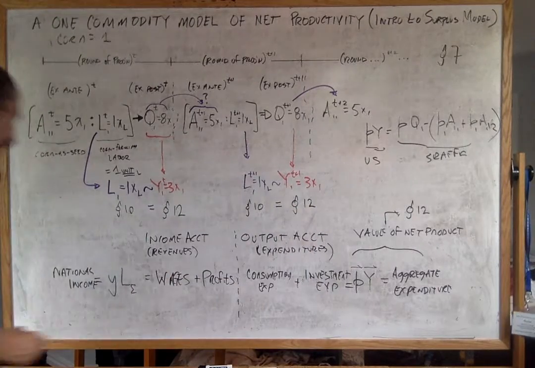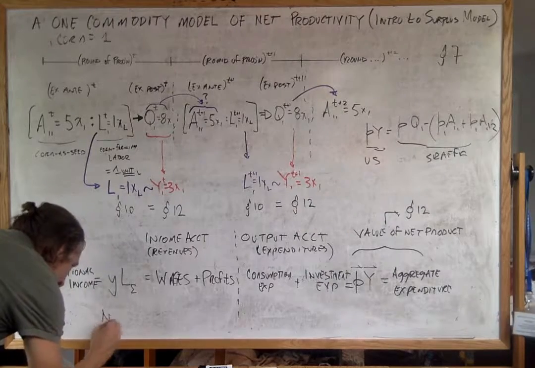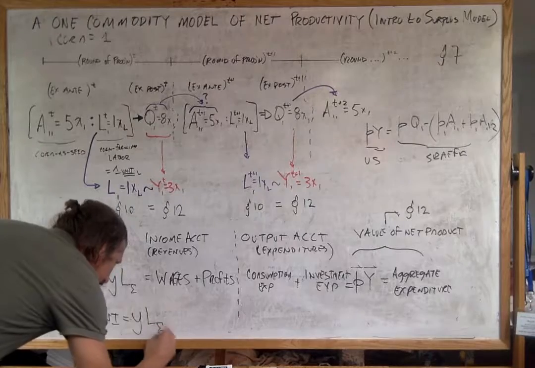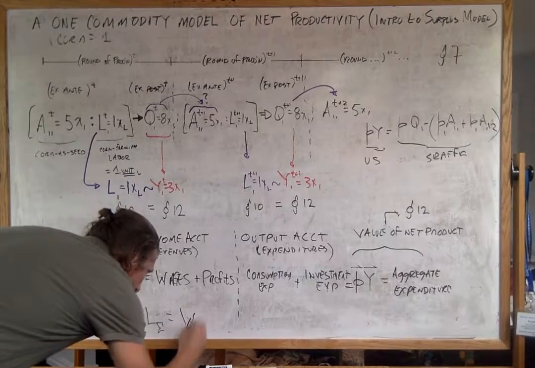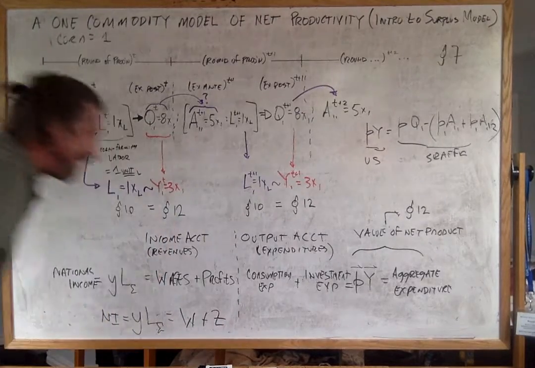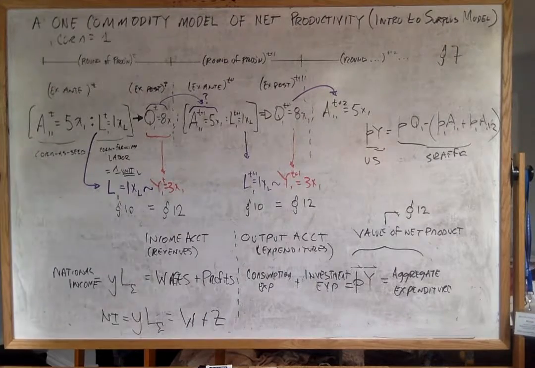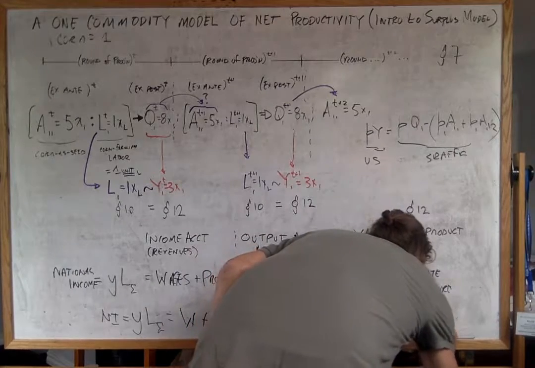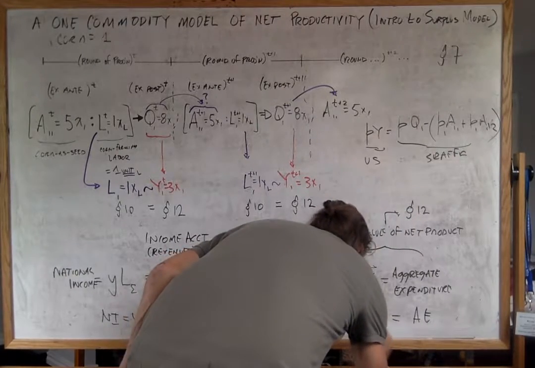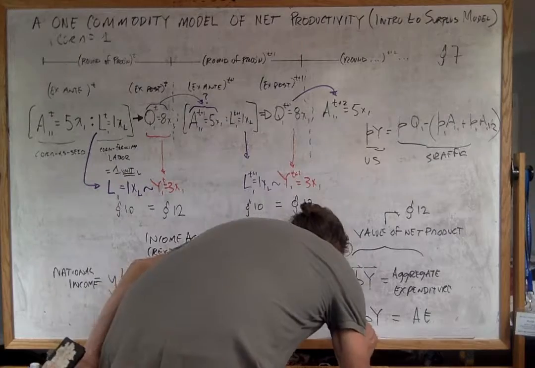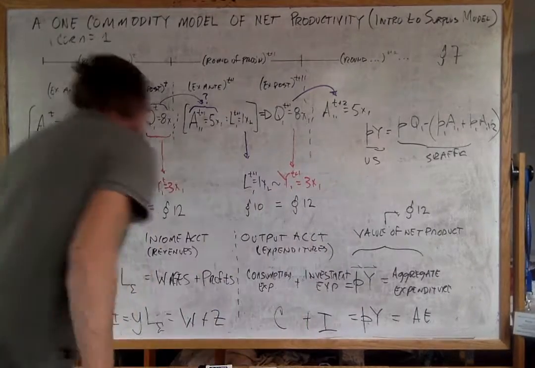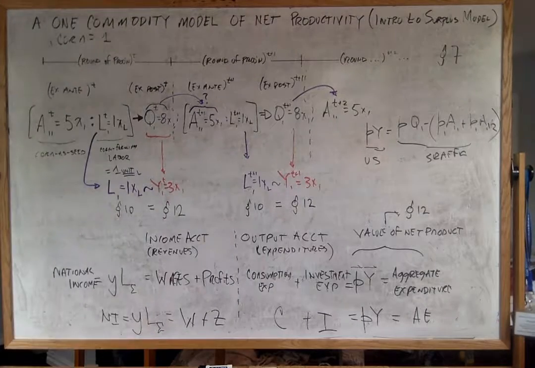So national income is equal to aggregate labor productivity times aggregate labor, which is equal to W plus Z, where Z is the definition for aggregate profits. Aggregate expenditure, the price of net output times net output, is equal to C plus I. Now you have your double entry macroeconomic bookkeeping.